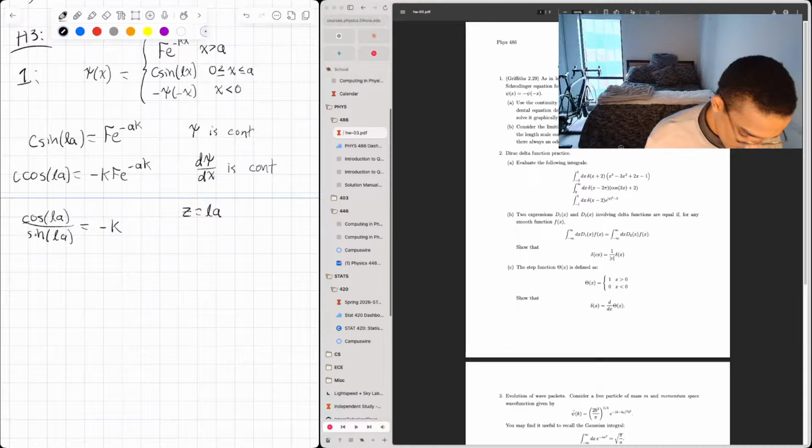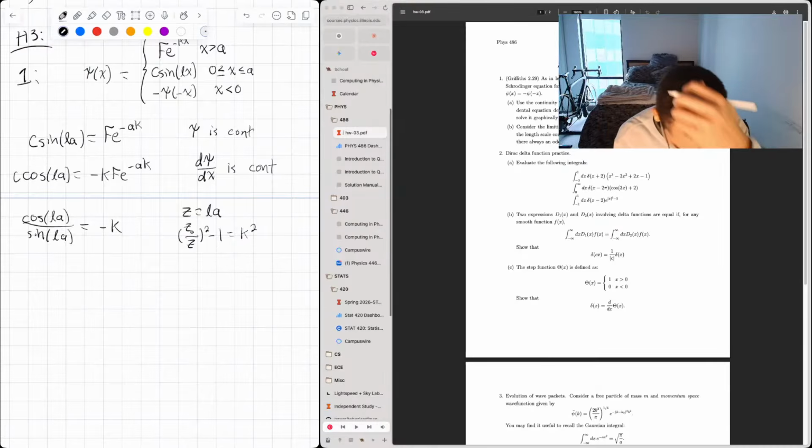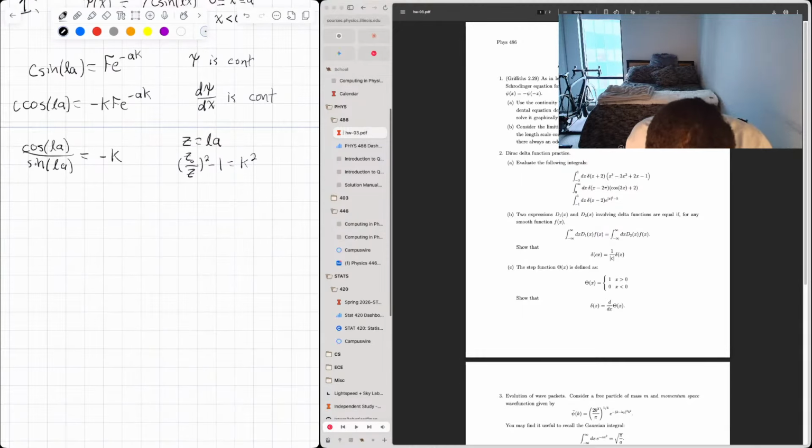Z equals LA. Yeah, that's fine. It's like Z by Z naught. No, Z naught by Z squared minus 1. I don't know. I think I gotta just do that somehow. I mean, regardless, the solution is cotan of Z equals root Z naught by Z squared minus 1.